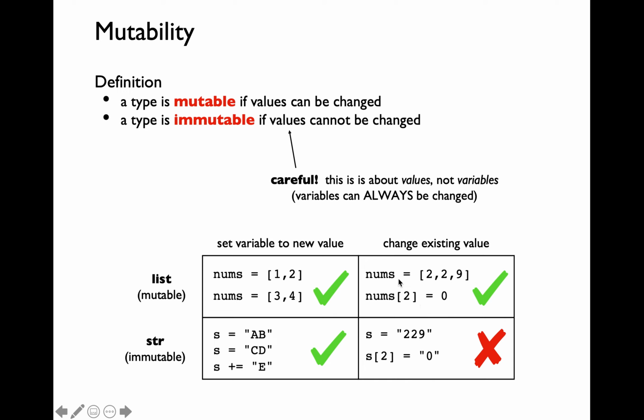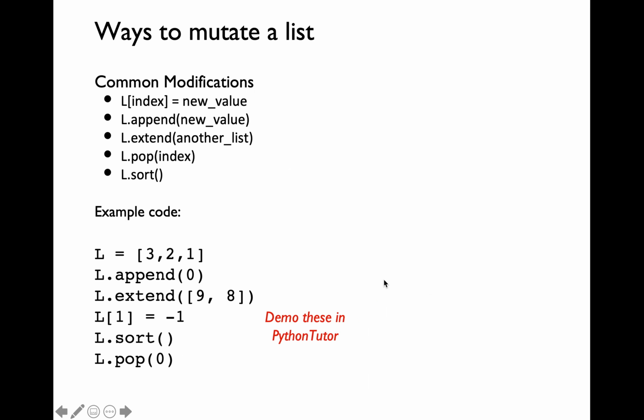For instance, I cannot say nums of 4 equal to 5 here. That will not work. That's because there is no predefined value for index position 4 within the list inside the variable nums. We are going to go through ways for mutating a list.